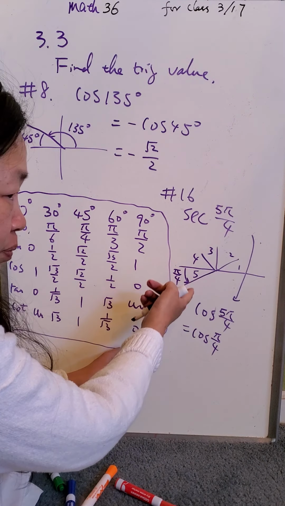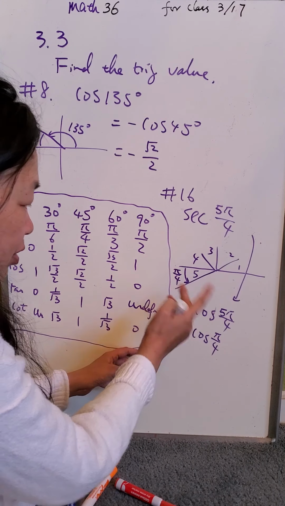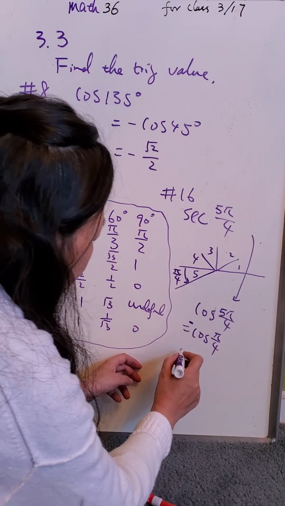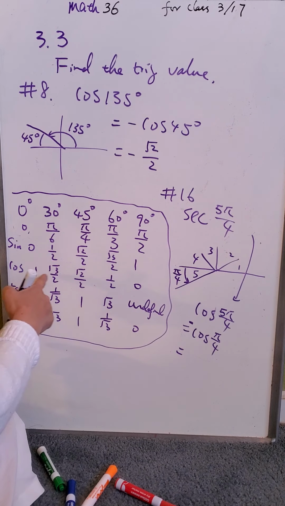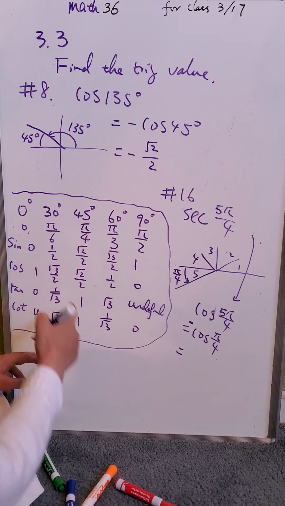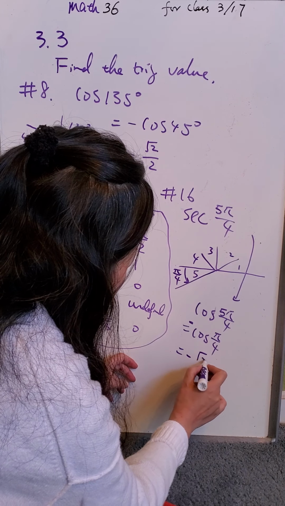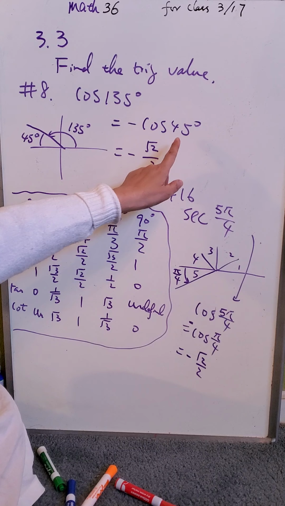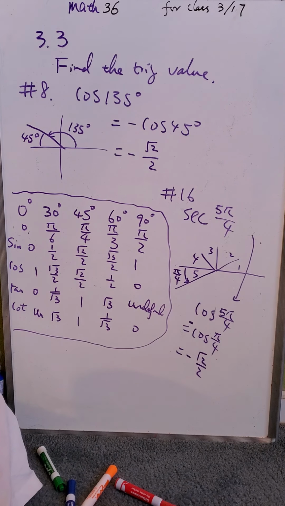Because you're on the left side, it's negative, so put the negative sign right there. So cosine 5 pi over 4 is equal to negative square root 2 over 2, the same as that one. So you can see 45 degrees is the same as pi over 4. So that is number 16.